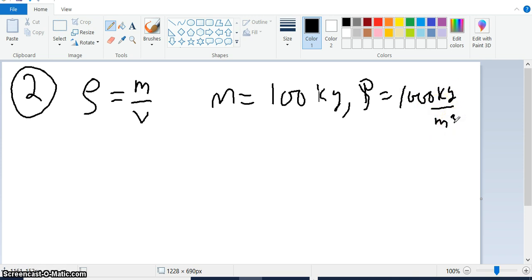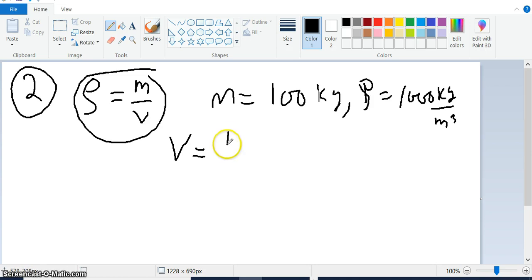Then you could rearrange this equation and solve for the volume of the average human being. To measure that, you'd completely immerse yourself in water and note the position of the water before and after you immerse yourself. Anyhow, the volume is the mass divided by the density.